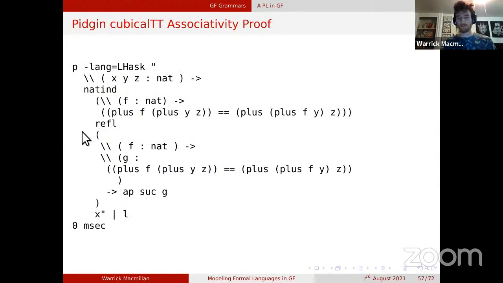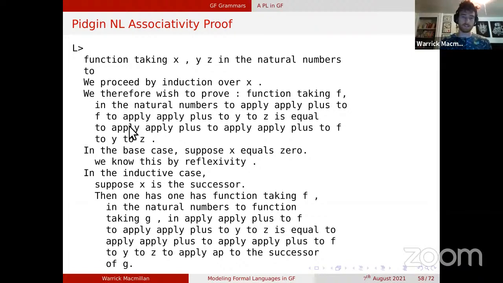I wrote another proof that looks more like this, but maybe it's not too instructive to look at because it's not a very nice syntax, but this is the Pigeon natural language associativity proof. And I started refactoring this to be compatible with the RGL, but it's not yet complete.